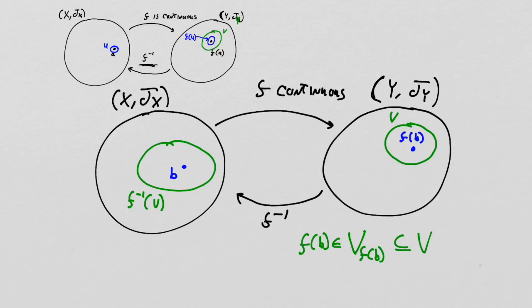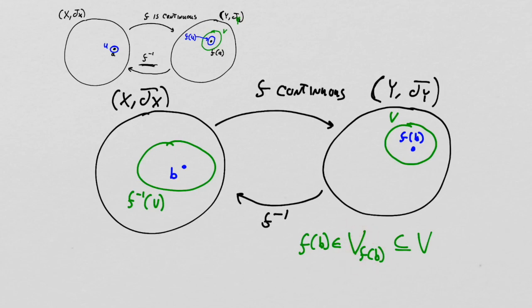So notice we've got this sort of string. V is an open set of Y that has an image, f inverse of V, in X. We take a single point of the image and project it forward and call it f of B, and then we realize there's got to be a neighborhood around that point because V is open.